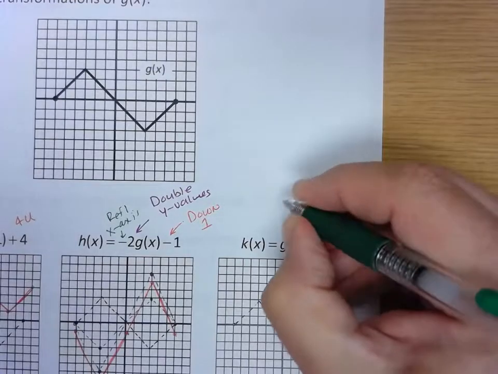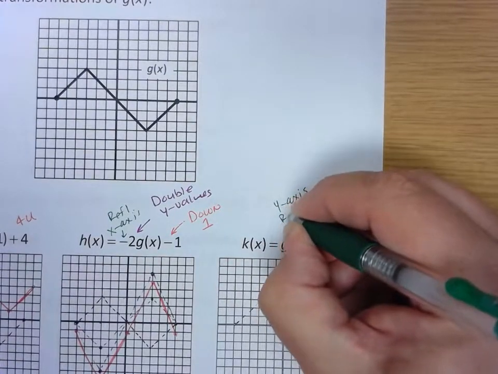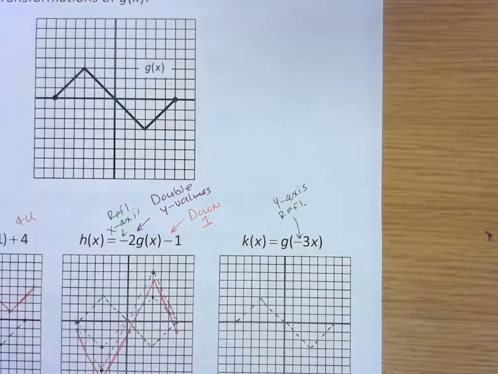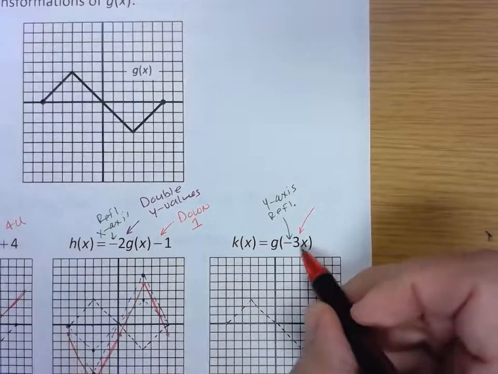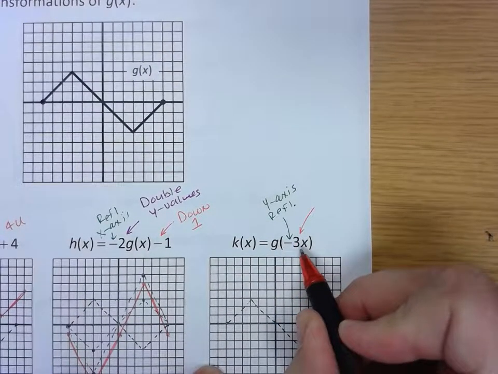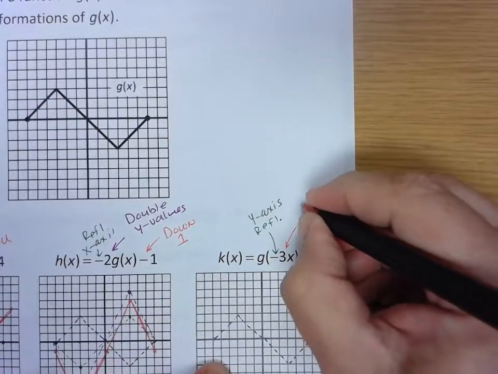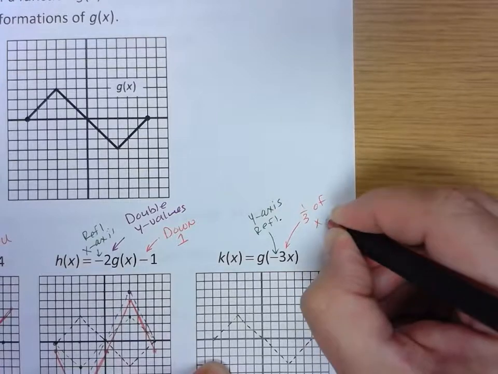So that is y-axis reflect. And then the final transformation here, since that's a factor of 3 and it's on the inside, it always has the inverse effect. You need to take 1/3 of the original x values.